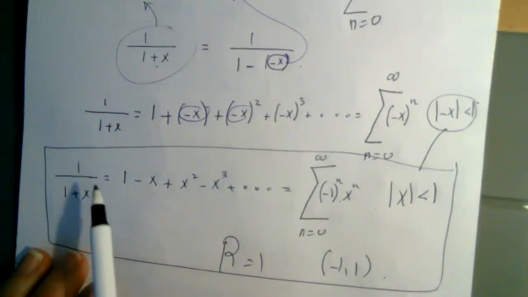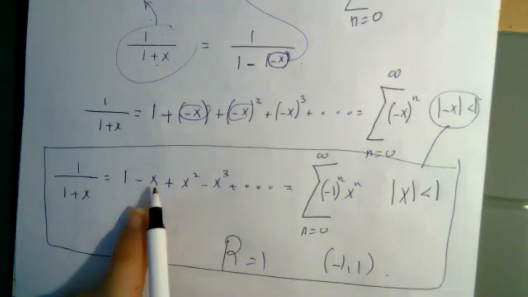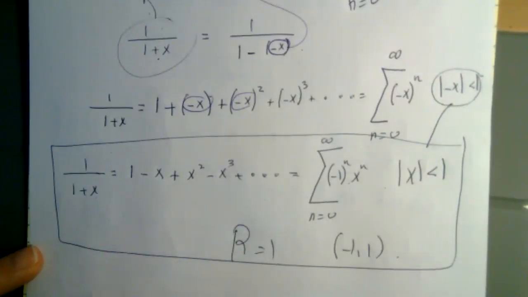Another one of the important power series representations is 1 over 1 plus x. So again, this tells me if I take any x, so suppose I take x equal to whatever, a number here, 1/2.